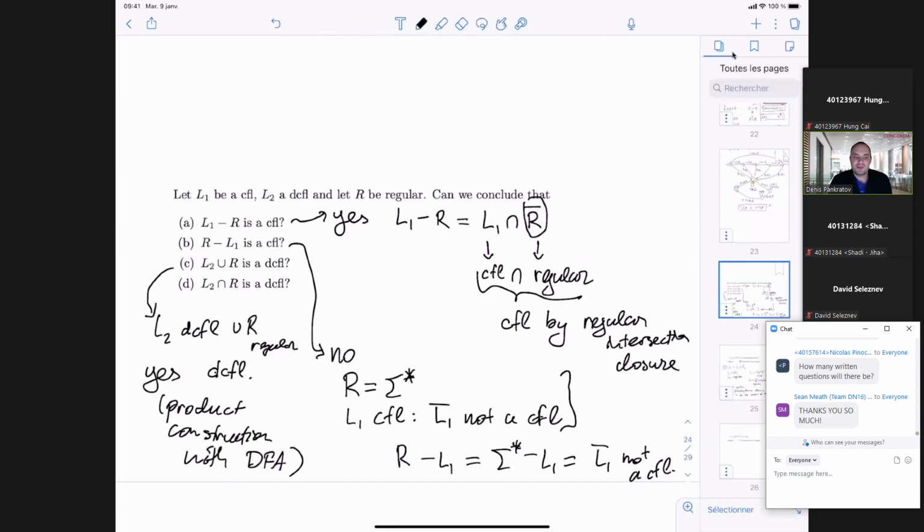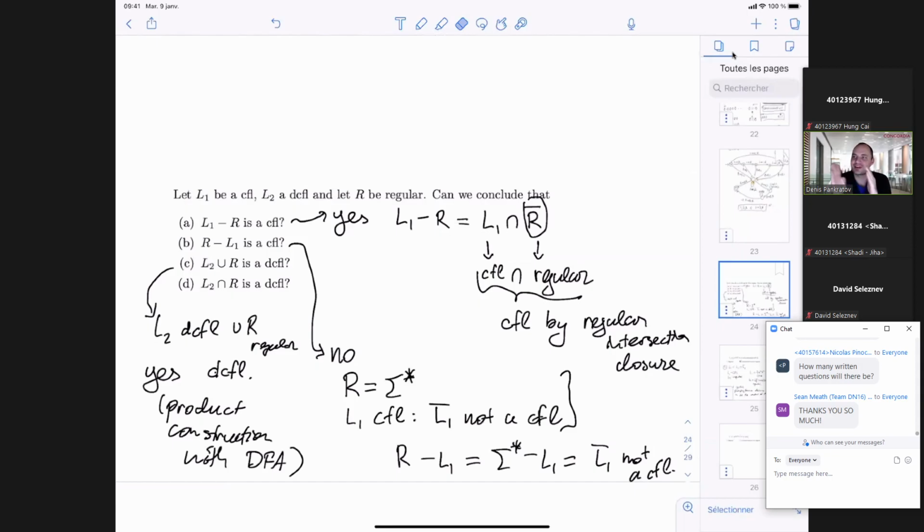And the important thing to observe here is that if your PDA is deterministic and you apply product construction with a finite automaton, which is also deterministic, the construction doesn't introduce non-determinism. One machine is doing its own thing, another machine is doing its own thing. Steps are always well defined. There is no ambiguity how to take a step, what is the next step.